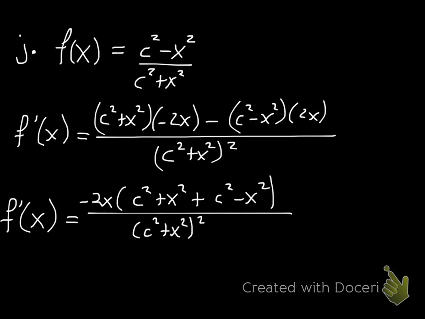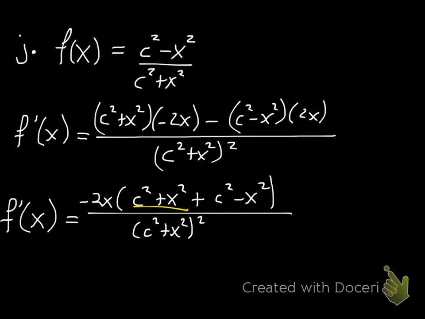One way you could do this is distribute the minus 2x through. But I saw that I had a negative 2x and 2x, so I factored out a negative 2x. So here's the negative for this 2x, and this negative 2x already had a negative, so that's where the negative 2x came from. And we have c squared plus x squared.